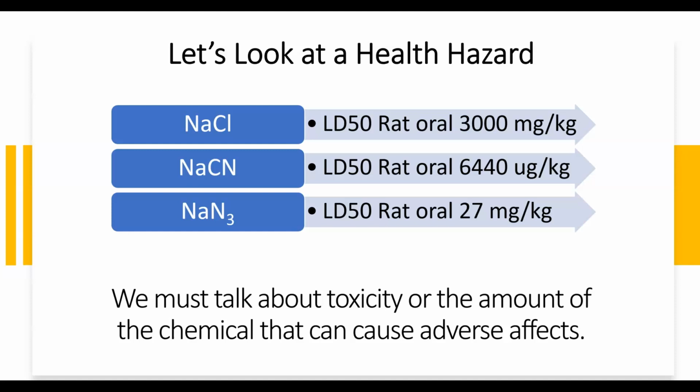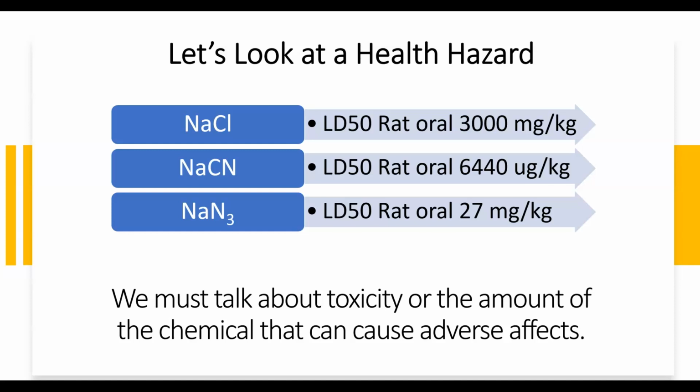But for the rat, 3,000 milligrams per kilogram of body weight is considered enough to kill half the test population. So that's 3 grams per kilogram of body weight. If you extrapolate that to your body weight in kilograms, you can see that it'd be quite a lot of salt that you would have to eat, but that you could actually kill yourself eating salt.